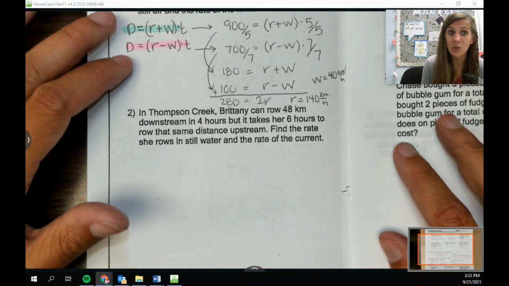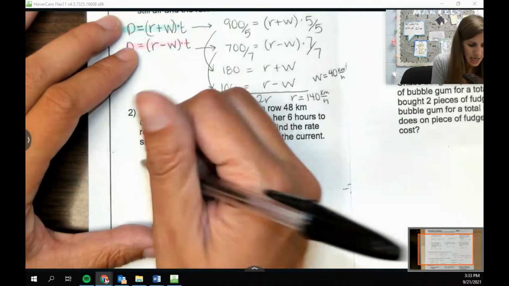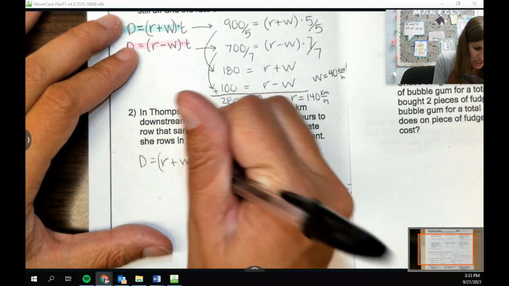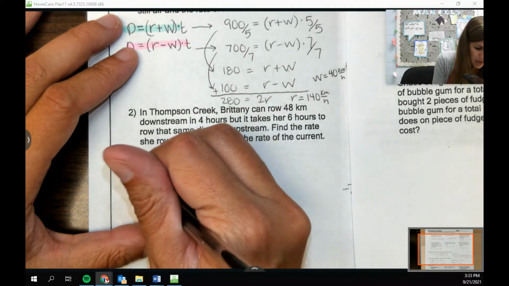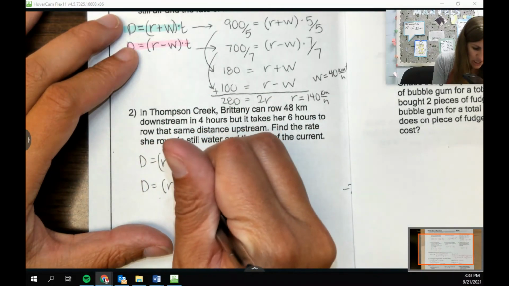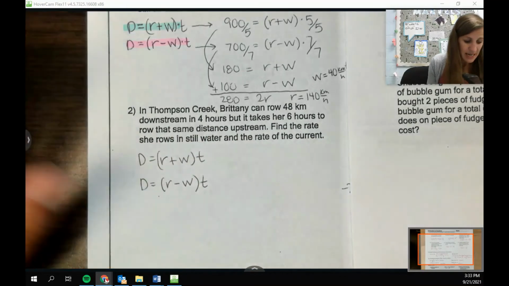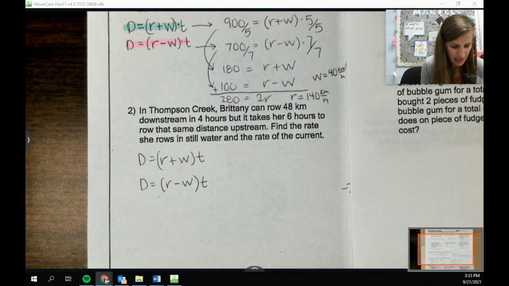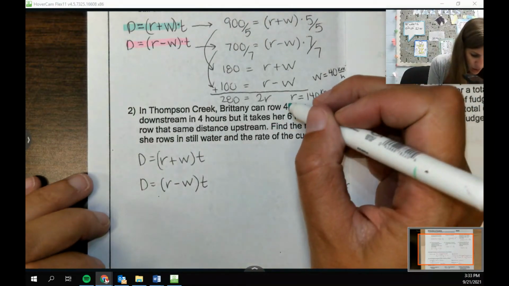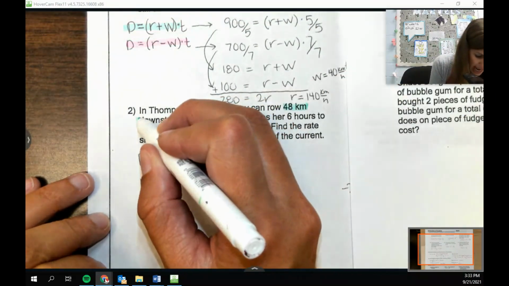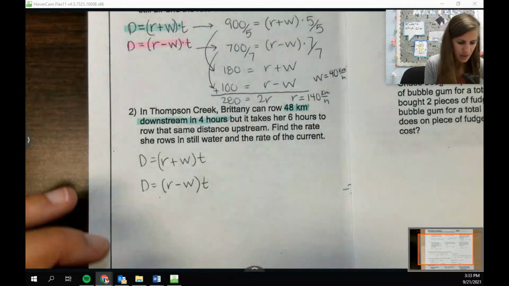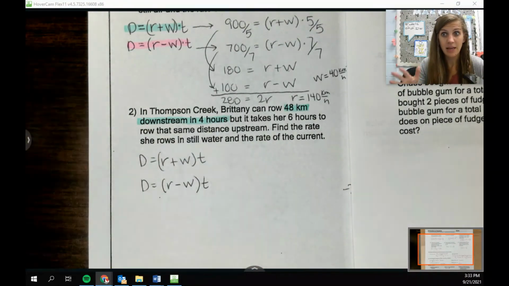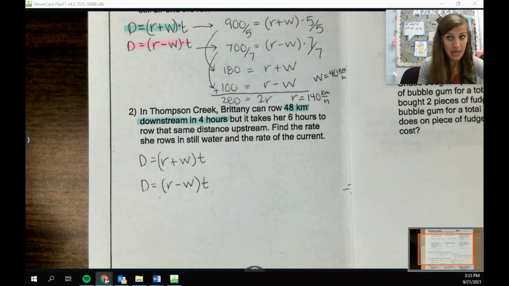Now, I really do use the same two formulas. I just need to figure out which distance and time needs to go with the plus and which distance and time needs to go with the minus. So if we take a little notice here, I can row 48 kilometers downstream in 4 hours. So if I'm going downstream, that means I'm going with the current.